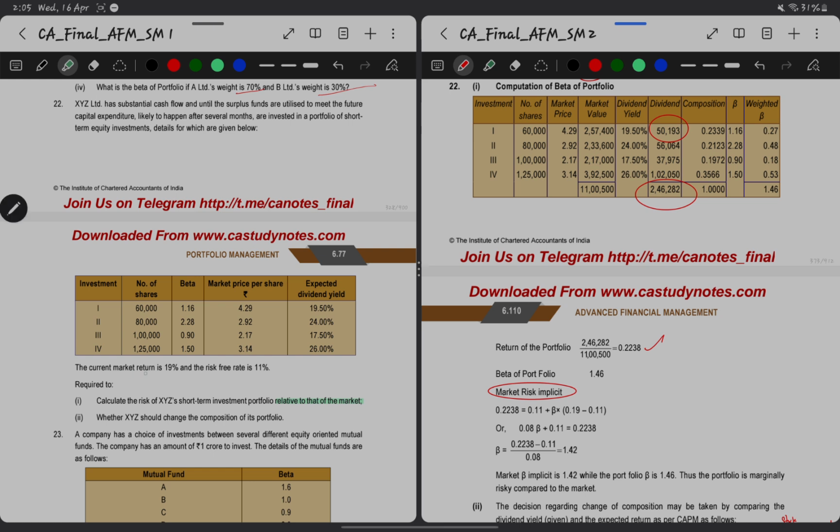Since we have the information of market return as 19% and risk-free return as 11%, using the CAPM model we can reverse work and find out the beta. Now what is the beta which we found out? It is nothing but the weighted average beta of the portfolio.